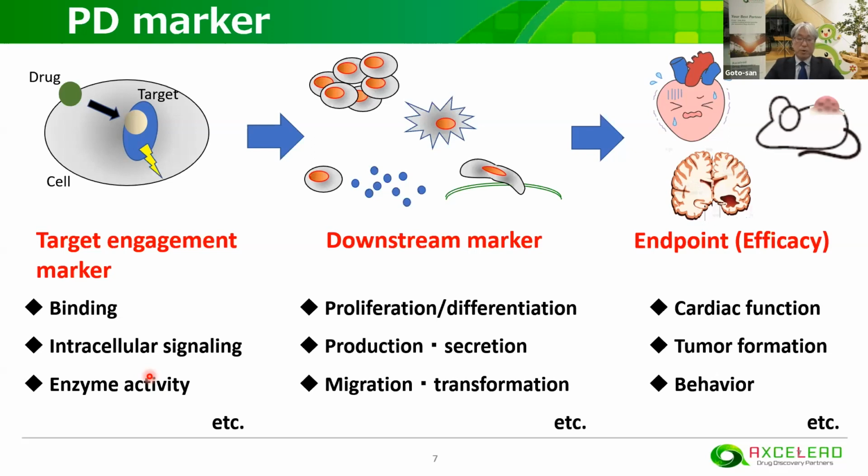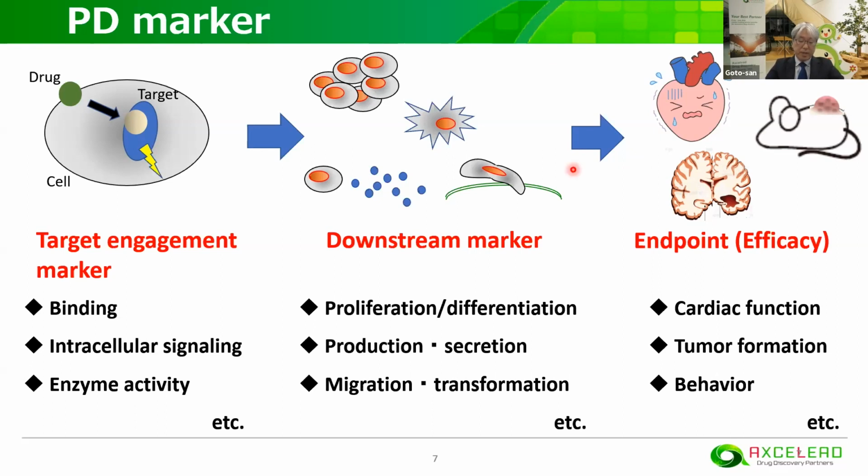Downstream markers include proliferation, differentiation, production and secretion of physiologically active substances, or migration and transformation of cells, and so on. In addition, the endpoint is an index to show the drug efficacy, and includes, for example, cardiac function, tumor formation, and behavior in the cardiovascular, cancer, and CNS areas, respectively. It is really important to properly consider and grasp this series of actions and effects.